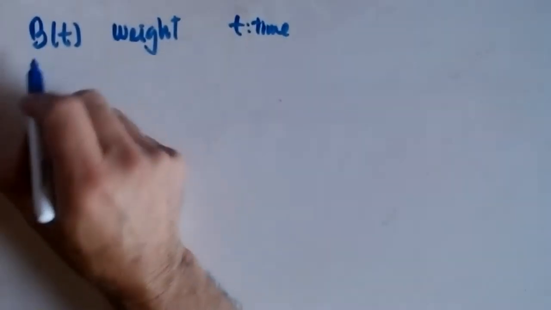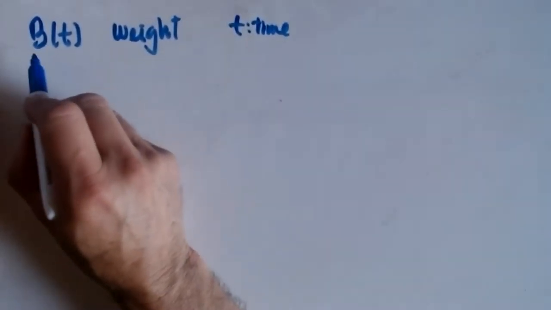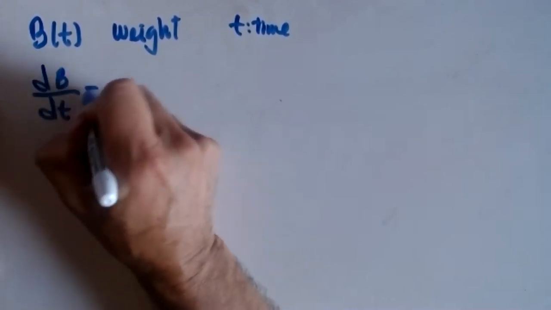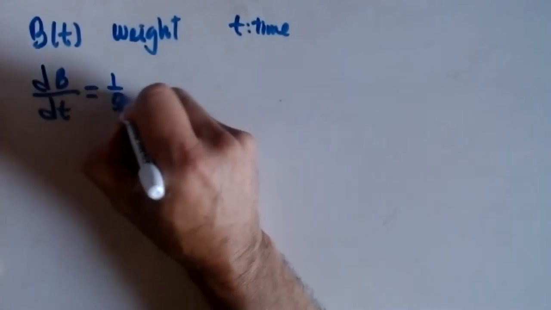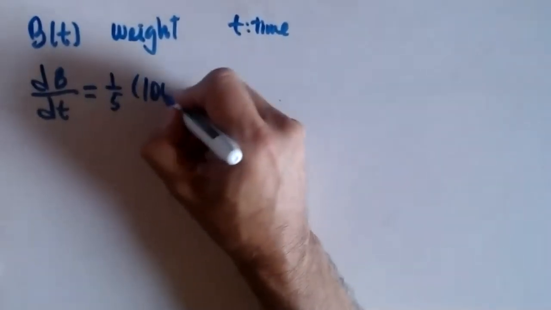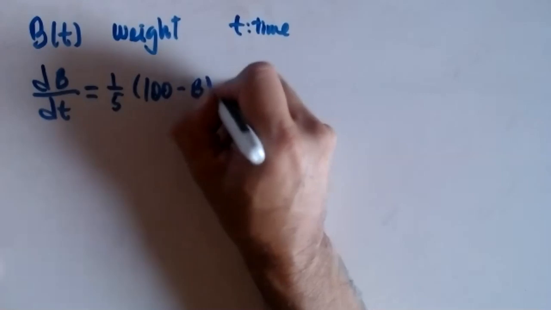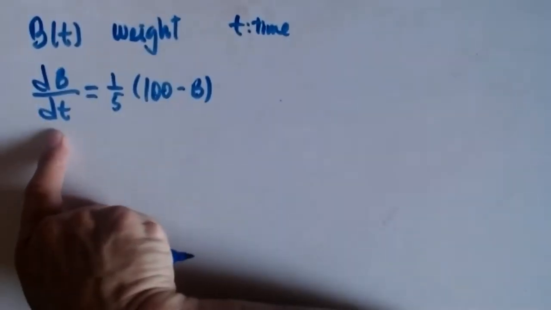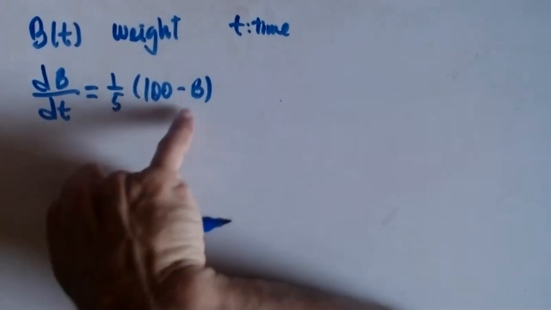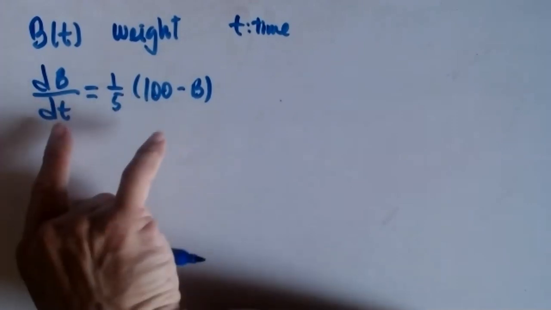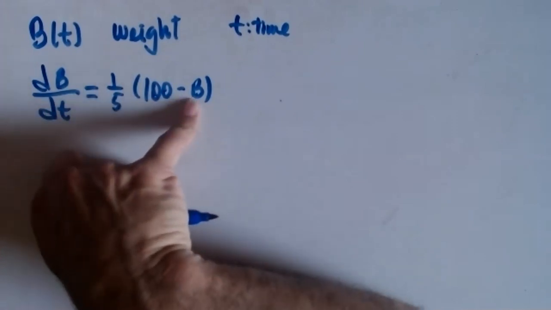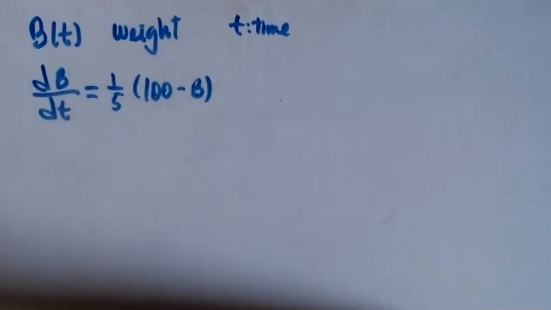The differential equation this function solves is dB/dt equals 1/5 (100 minus B). So the rate of change of the function is proportional to the difference, so the rate at which the bird gains weight depends on the weight at that moment.